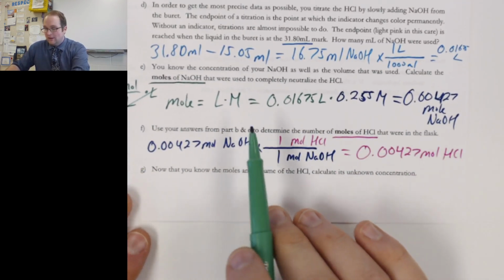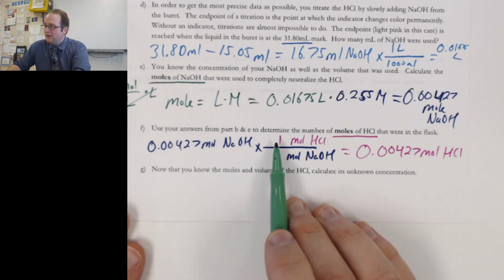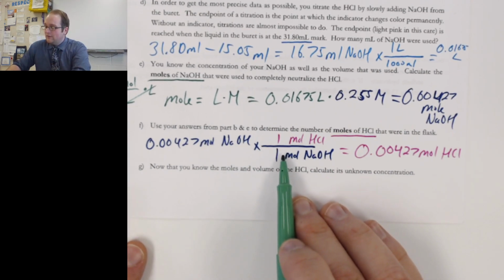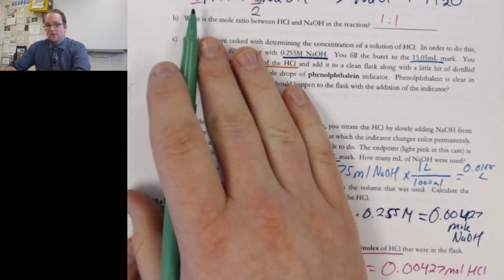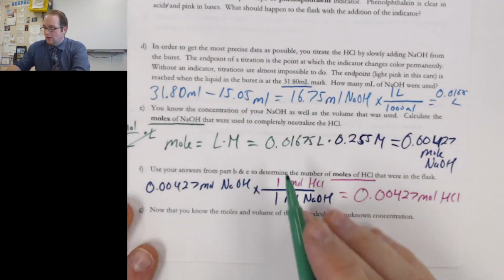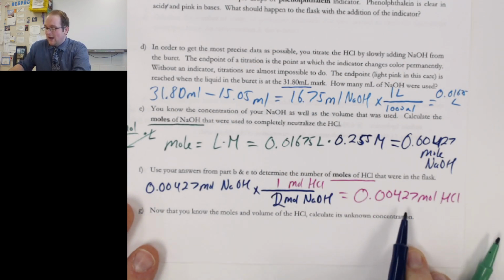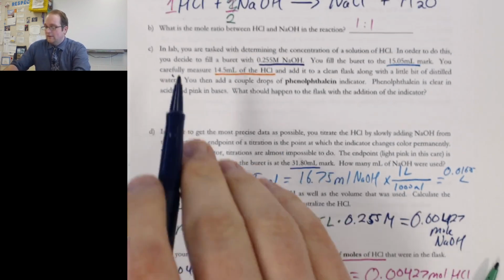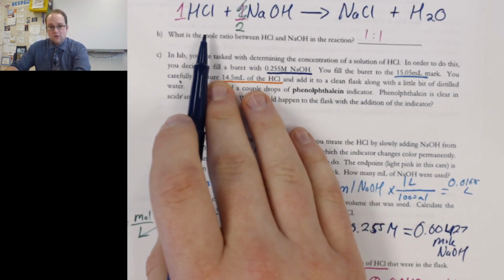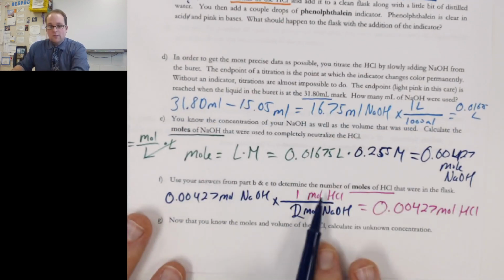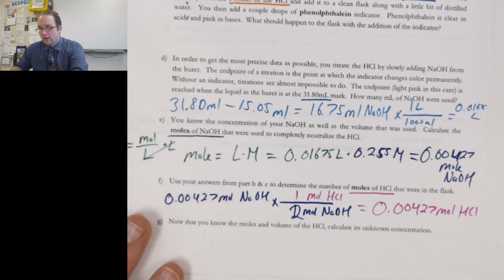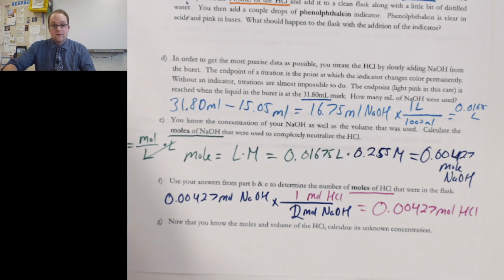The only thing that changes is when I'm converting down here. So I would still have the 1 for the HCl, but now I would have a 2 for my NaOH. Now again, this is not how we found our answer, but if you have different ratios, just use your equation to do the mole-to-mole conversion, and you will see those different types of ratios going forward.